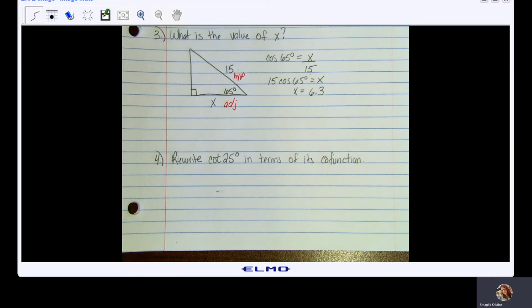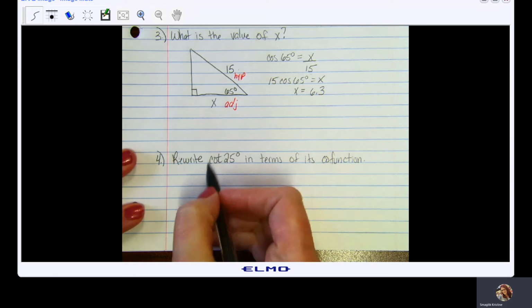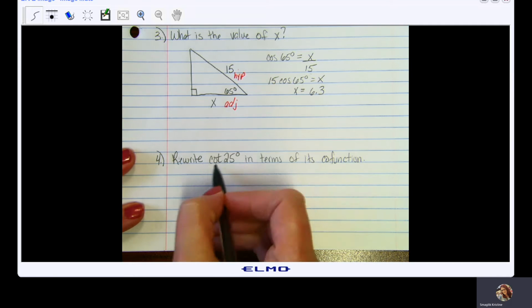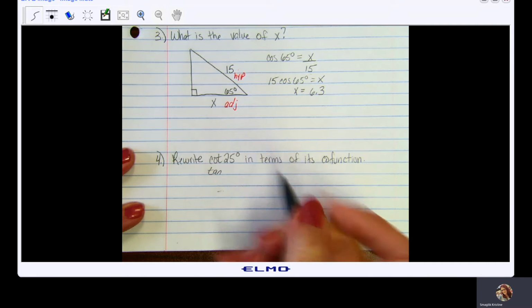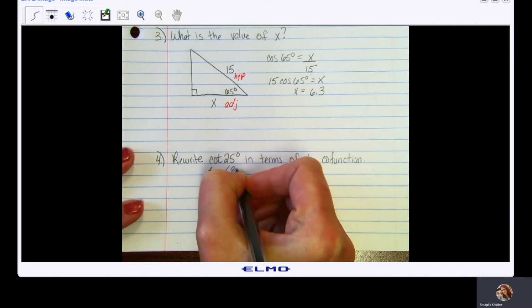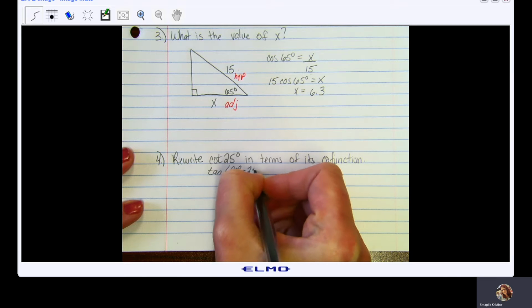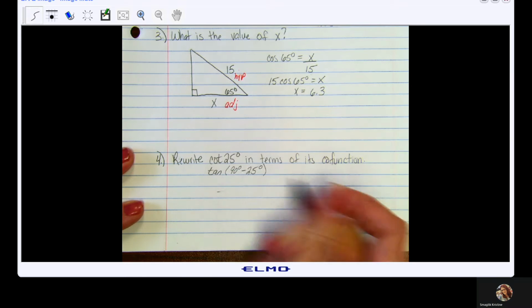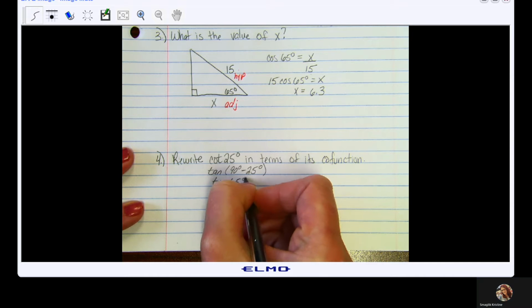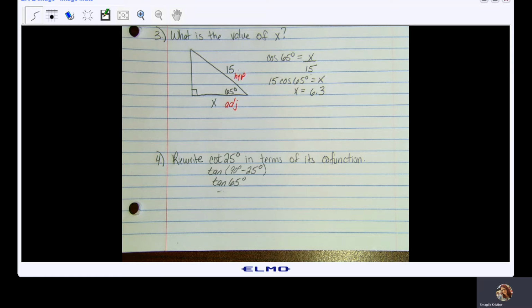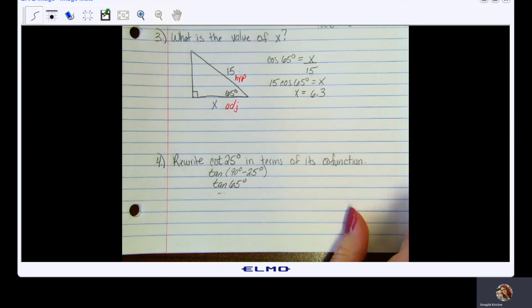So if I'm looking at cotangent of 25 degrees, the cofunction for cotangent is tangent. And then I'm looking for that complementary angle, so I take 90 degrees minus 25 degrees, which gets me tangent of 65 degrees. And so that means cotangent of 25 degrees equals tangent of 65 degrees.